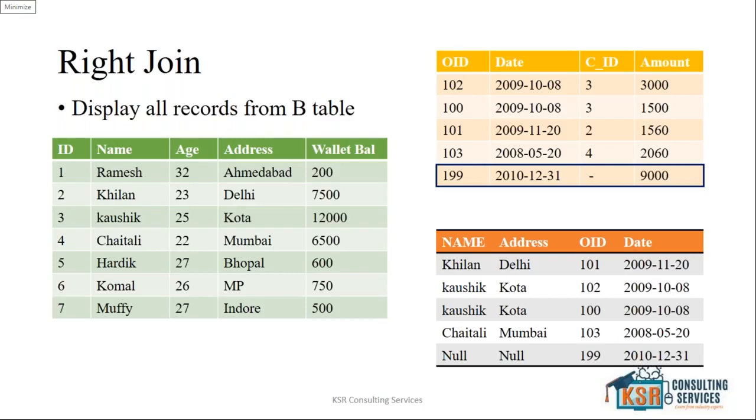Now can you tell me how many orders have been placed by a guest customer? Can you tell me the query for the orange table? One person. How do you get that? Tell me the query.